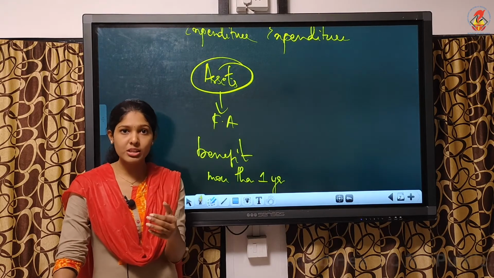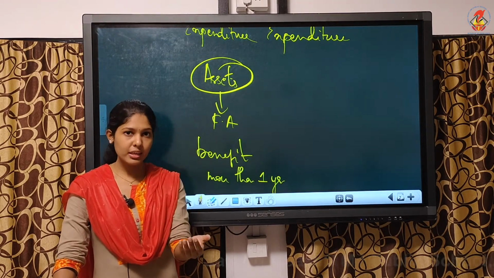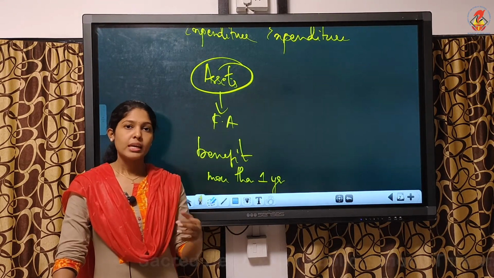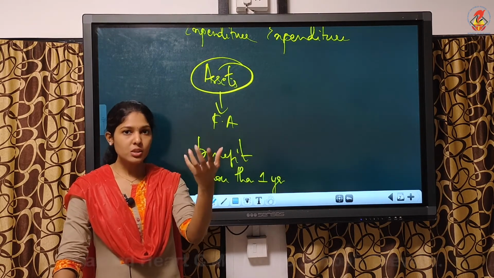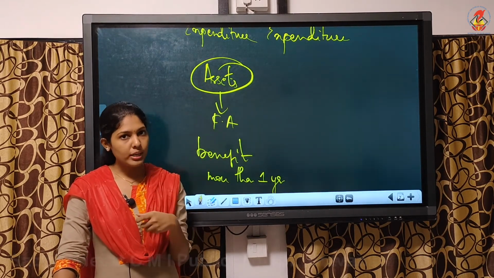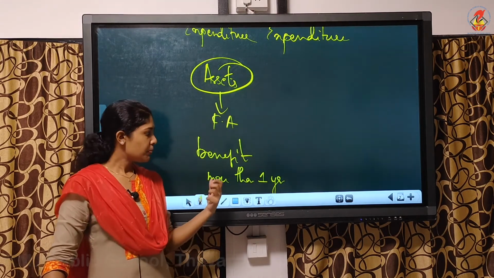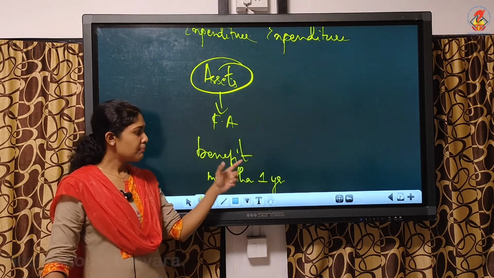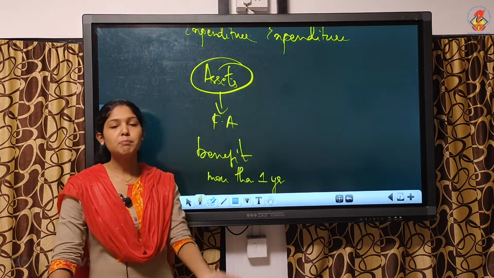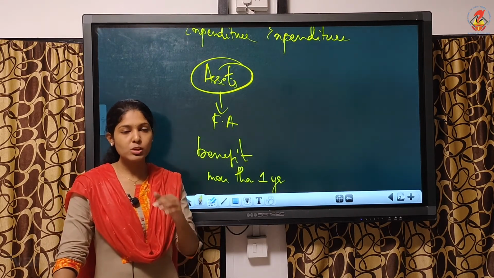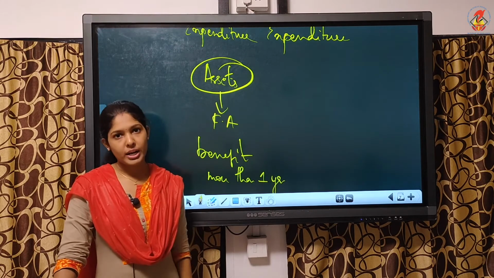Not in the first year, sometimes it can be in the second year or in the third year. Then in the coming years also, you can earn more income using this particular asset called building. So, meaning is the benefit will be spread over a period of more than 1 year.